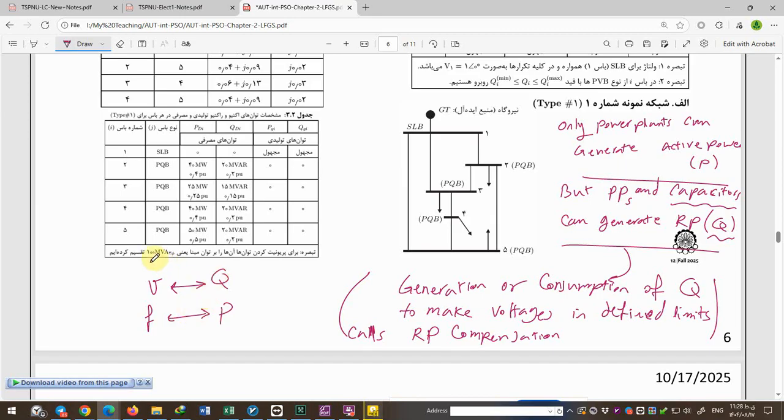For example, if you want to improve your voltage in a bus, you can inject more Q on that bus.